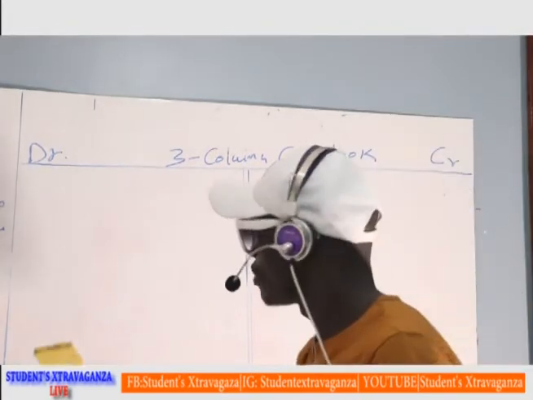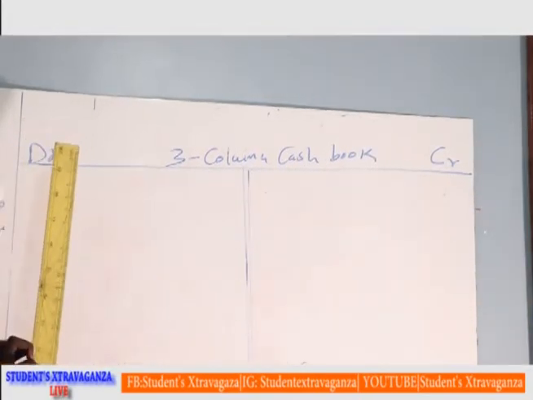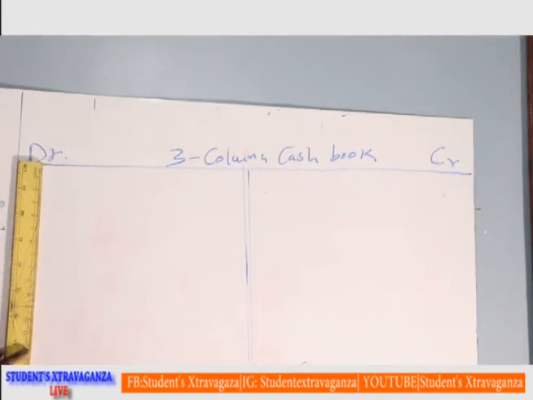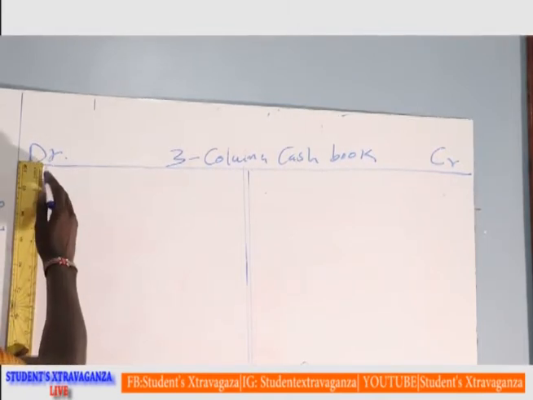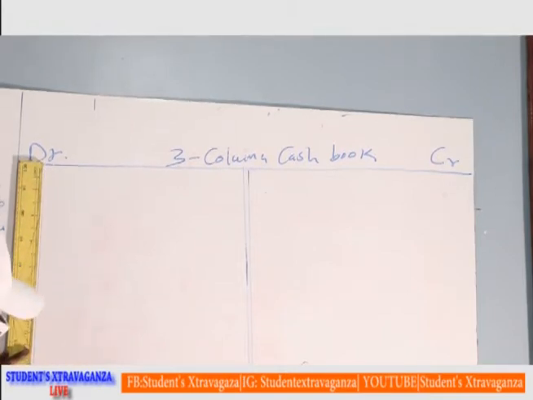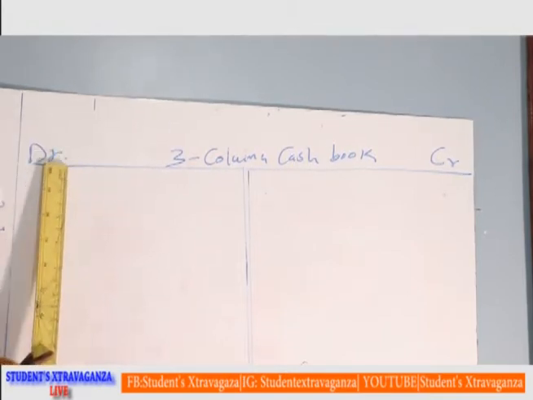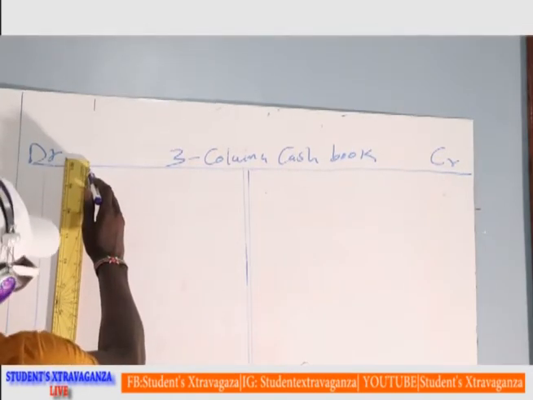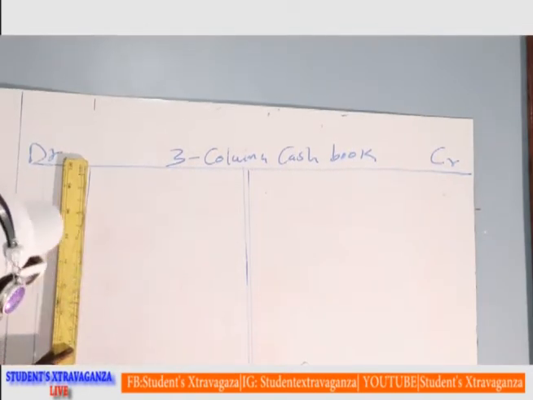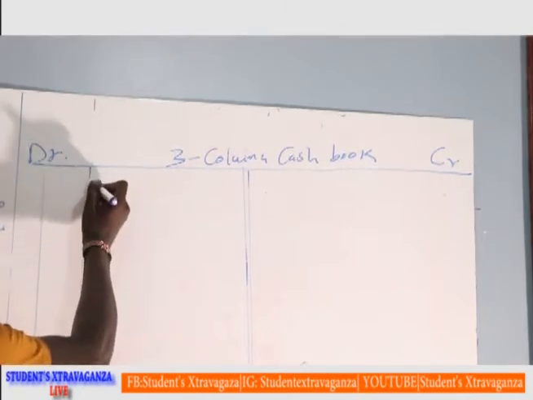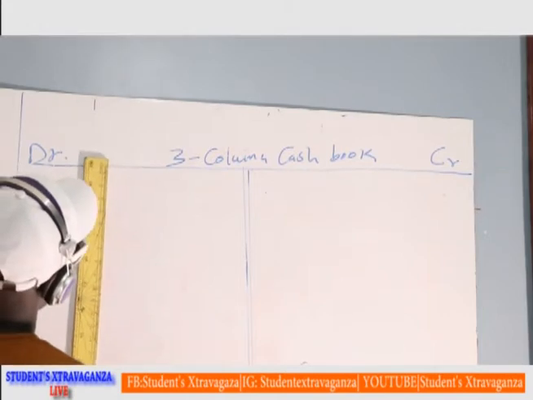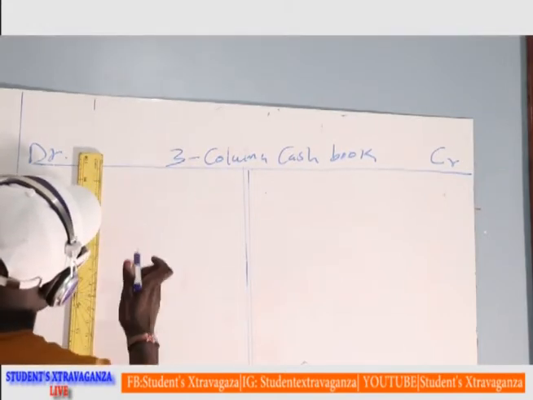So, watch this. We have the date. This is our date column. Then this is our details column. Make it a bit wide. Then we have the folio column.